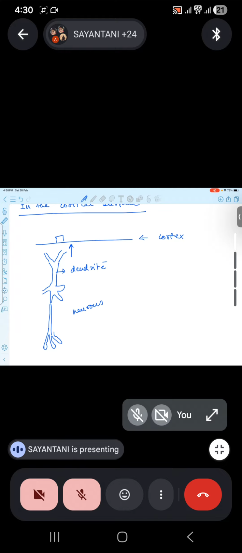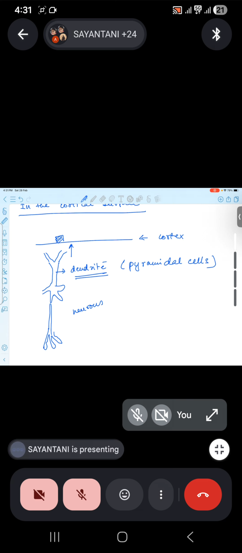When you place the electrodes over here, we get the response from these dendrites. Neurons whose dendrites project upwards toward the cortical region, roughly perpendicularly, are referred to as pyramidal cells.